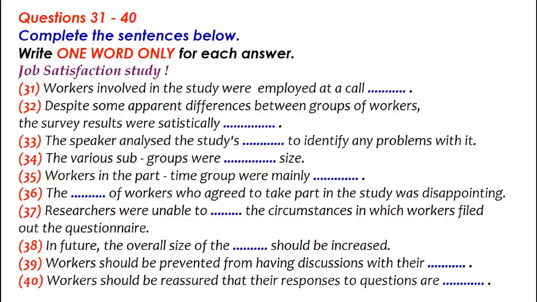I'll summarize the findings of that study briefly now. First of all, female full-time workers reported slightly higher levels of job satisfaction than male full-time workers. Secondly, female part-time workers reported slightly higher levels of satisfaction than female full-time ones did.